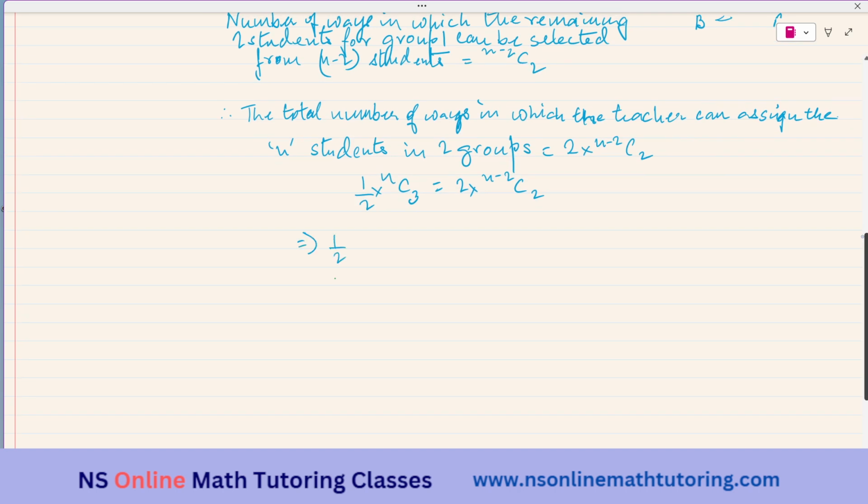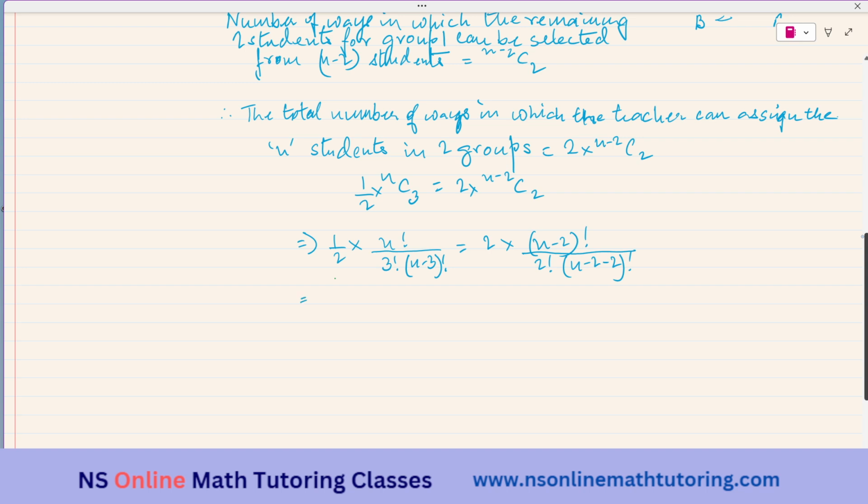So half, and NC3 means n factorial over 3 factorial times n minus 3 factorial, equal to 2 times n minus 2 C2, which means n minus 2 factorial over 2 factorial times n minus 2 factorial.